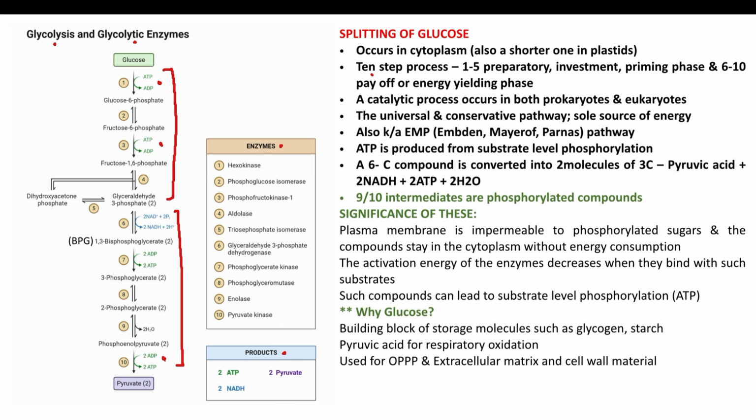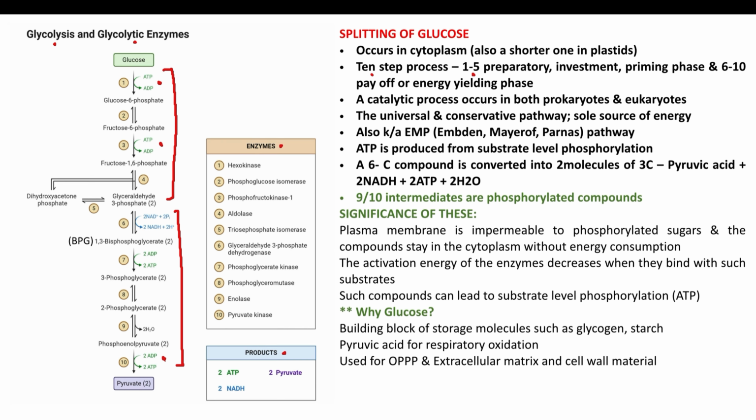The first 1 to 5 steps, we can call them preparatory phases. So these are preparatory steps which will consume ATP. Rather than giving ATP, students, it will require ATP to run these 5 steps.